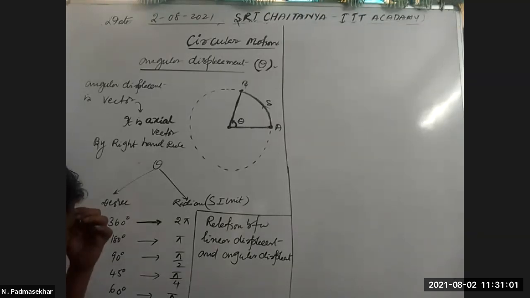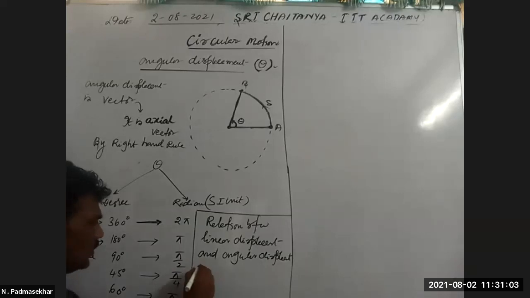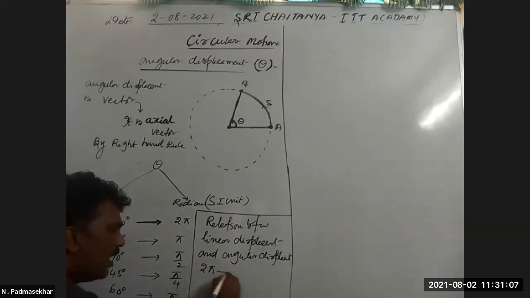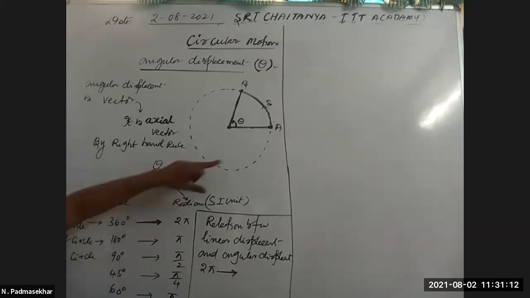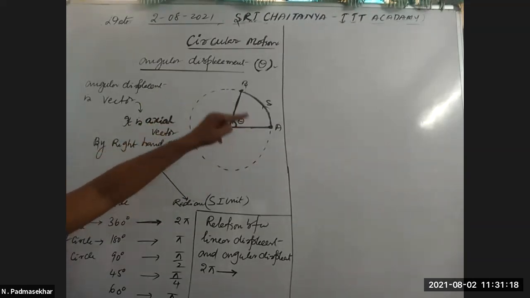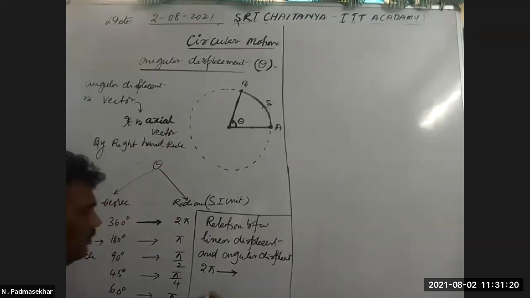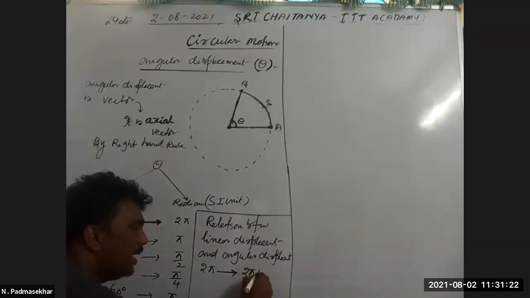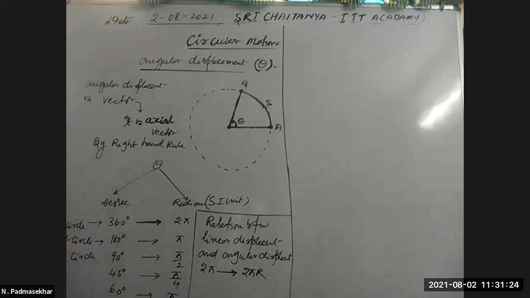ఇక్కడ చూడు. So 2 pi radians ki, 360 degrees ki, what is the linear displacement? Linear displacement ante full circle. Full circle, what is the distance? 2 pi r kada? Distance traveled is 2 pi r kada?